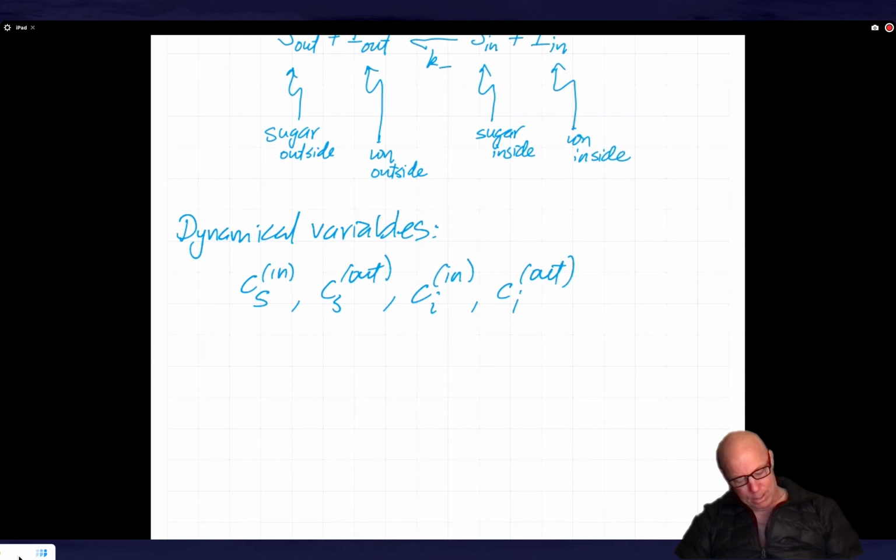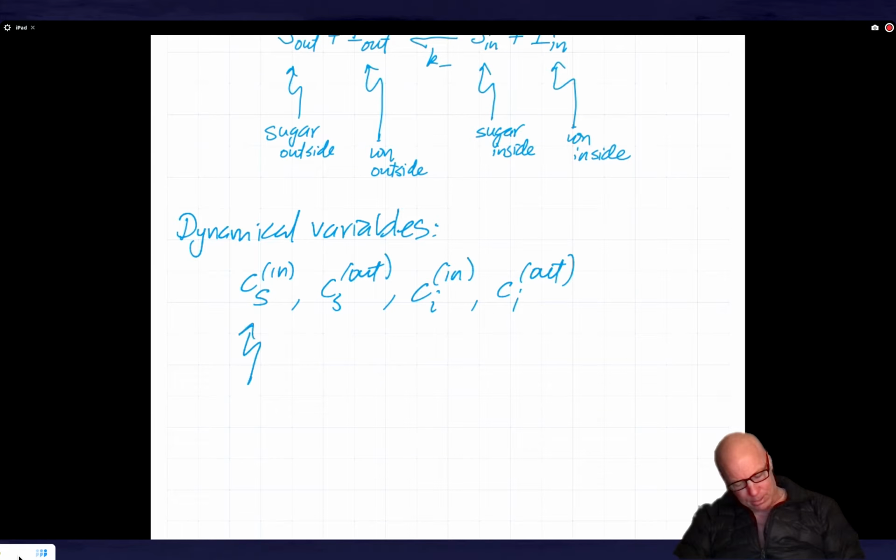Each one of these is a concentration. So this is the concentration of sugar on the inside.